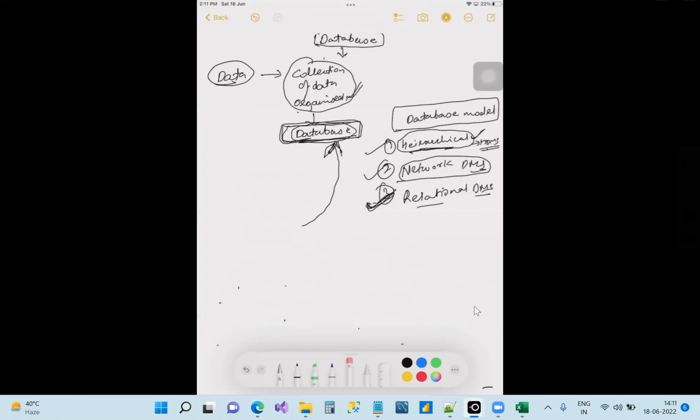In hierarchical, I told you there is a one-to-many relationship. In network, since you make networks, there is a many-to-many relationship. And in the first one, we had one-to-many.